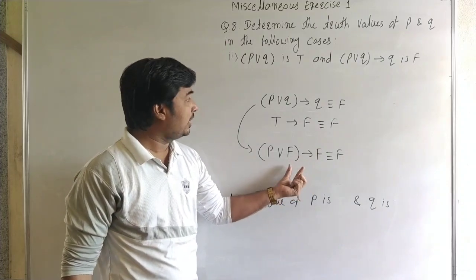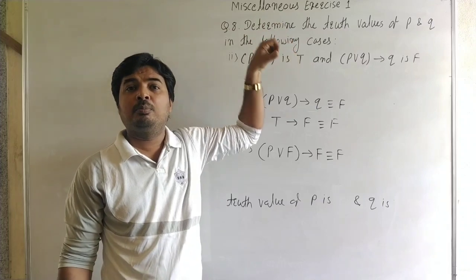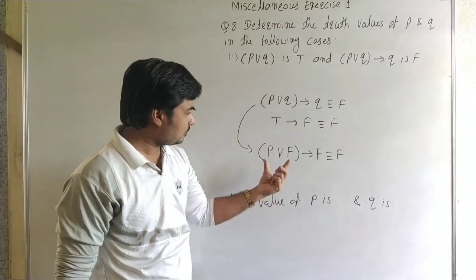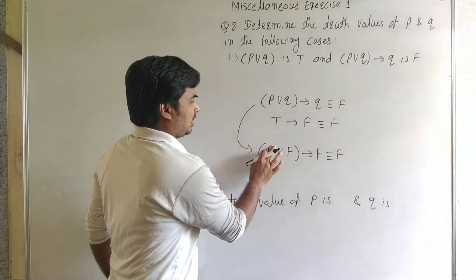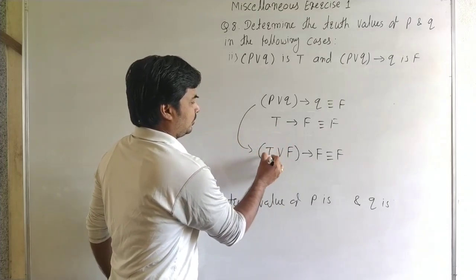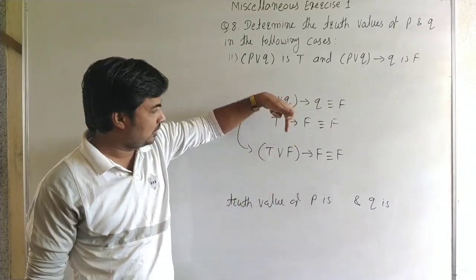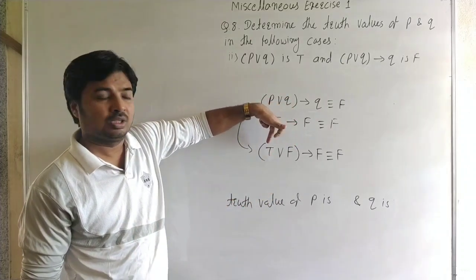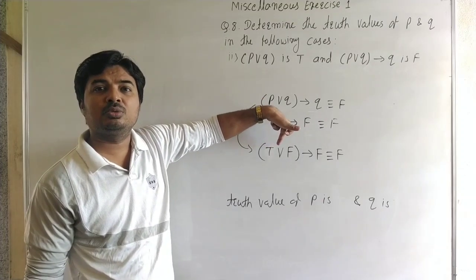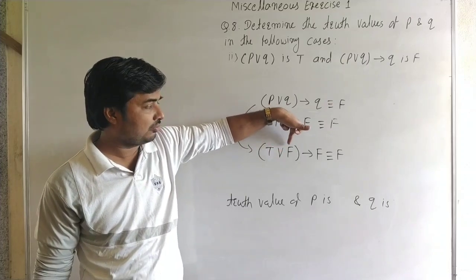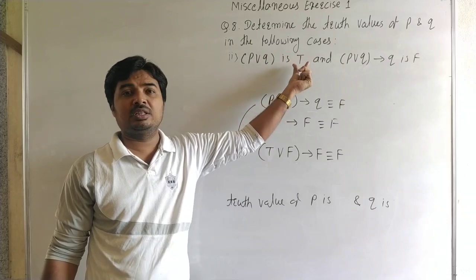And we know that P or Q is true, that means the truth value of this bracket is true. Q is false, so for the truth value of OR to be true, the first statement must be true: true or false is true, because it is given that P or Q is true.